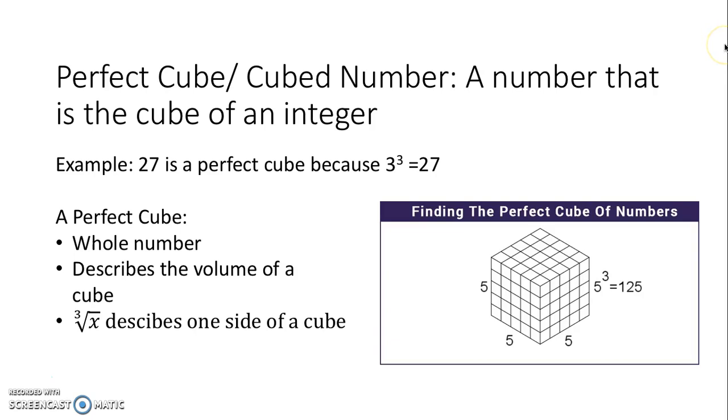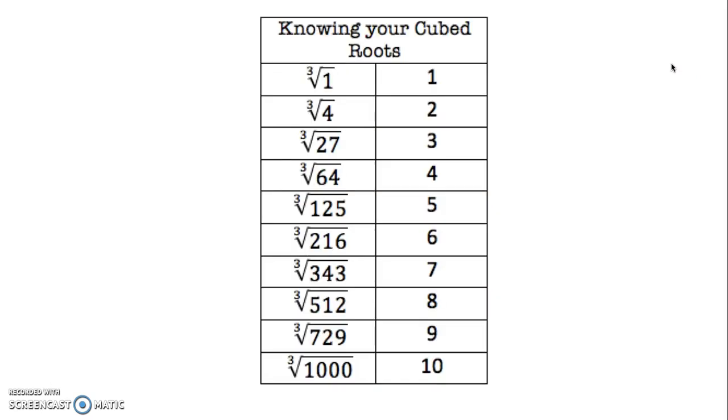Here's an illustration of how 125 is a perfect cube. 5 cubed is equal to 125, and each of those little boxes is a layer on our cube. For the cube roots, I expect you to know the roots 1 through 10.